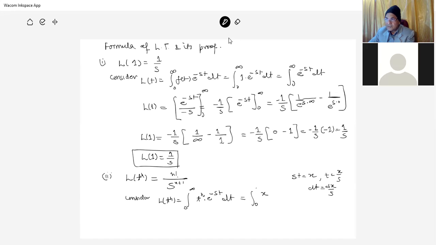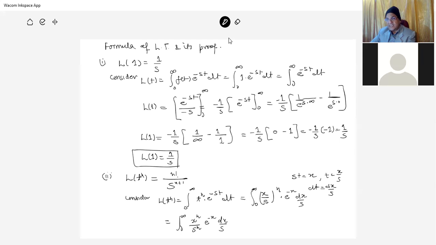So t is equal to x by s to the power n into e raised to the power minus x, and here it is dx upon s. So this is nothing but 0 to infinity x to the power n upon s to the power n, e raised to the power minus x dx upon s.